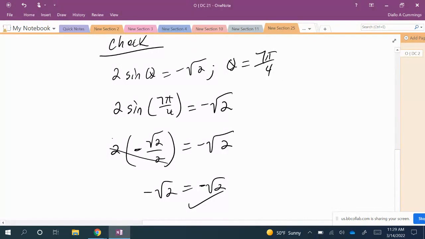Right, so you can check these. And that is what you call using a linear method.